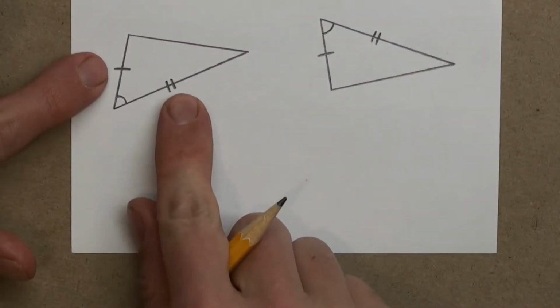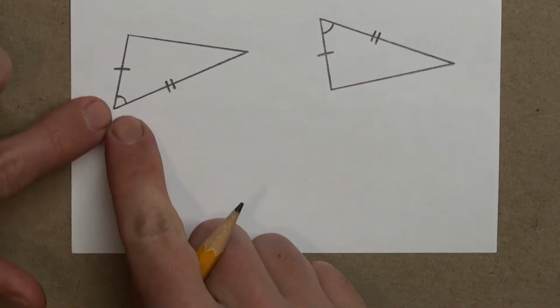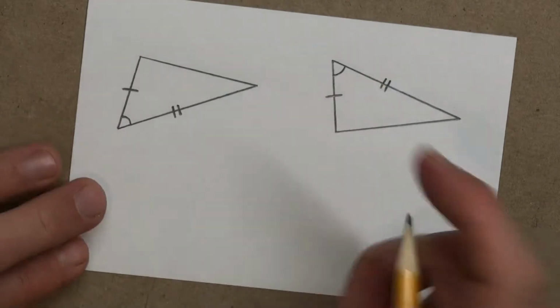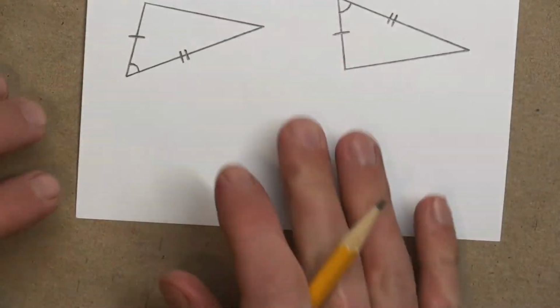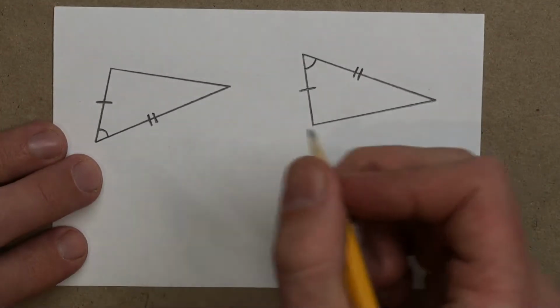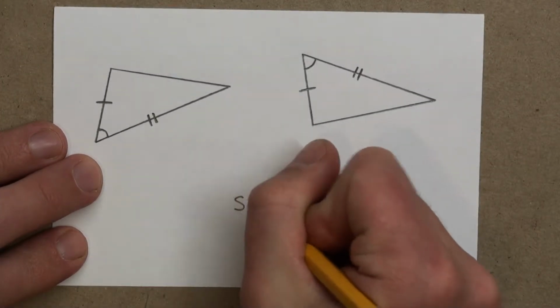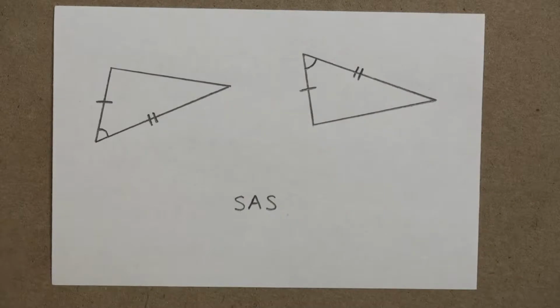So if these two sides are being used, you see they form this angle. So that's the included angle. Same thing here. So this is our SAS, right? That was card 53. So now we're on card 54.